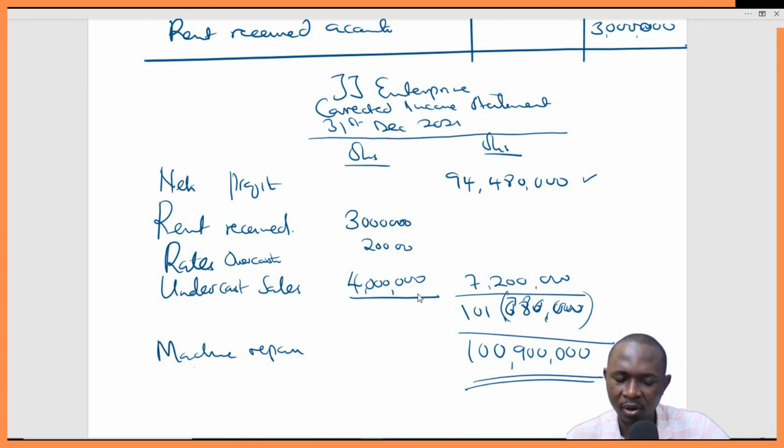Then machine repair, we had left it out, and this is an expense. An expense always has the effect of reducing the net profit. When expenses are high, net profit reduces. So this one had been left out, so we include it, and the expenses will increase, and the net profit will reduce.